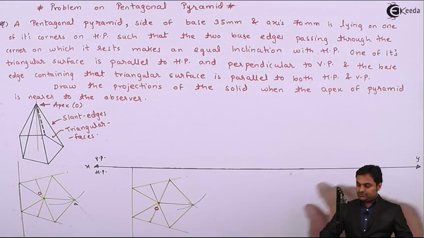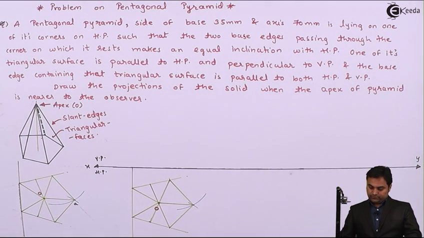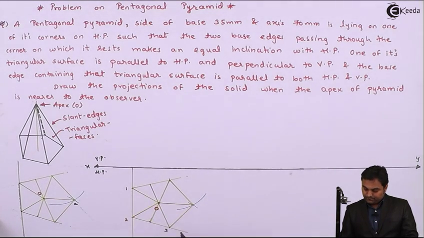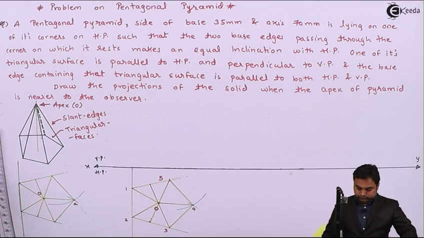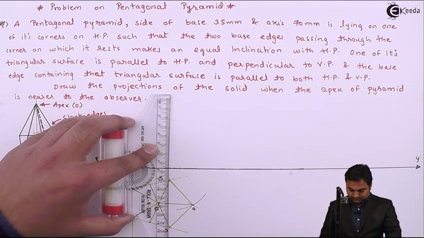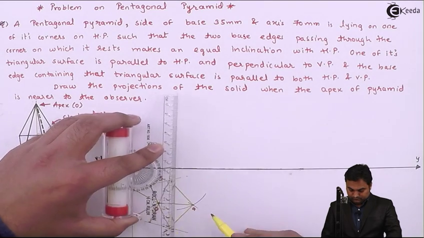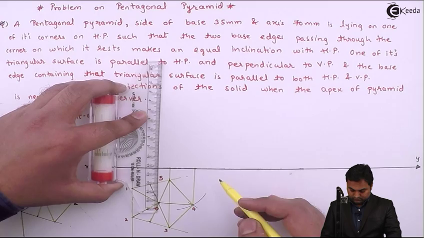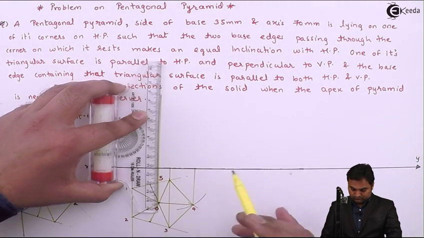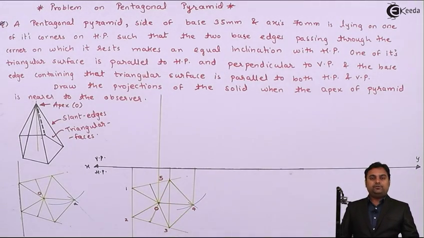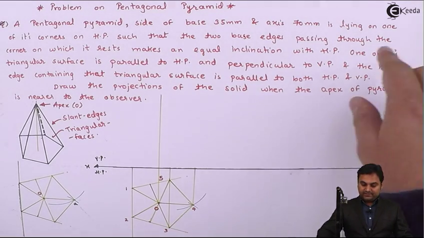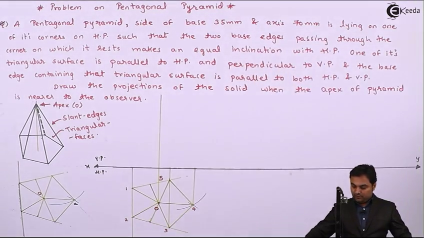I'll give the notations to this pentagonal pyramid. Now I'll draw the front view of this pentagonal pyramid, where it is given that axis is 70 mm long.